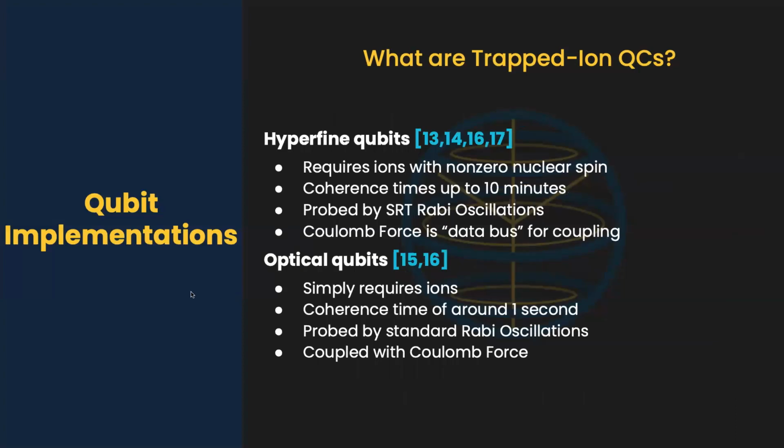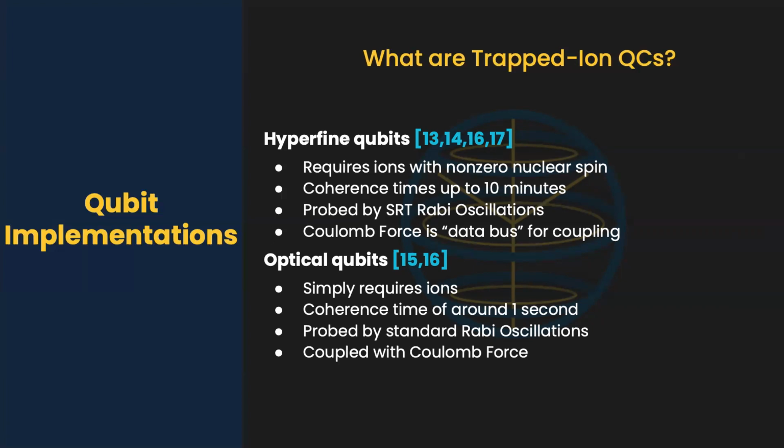Okay, so hyperfine qubits, you have to have ions with non-zero nuclear spin, because obviously that's how you get the hyperfine energies anyways. The benefit of them is you get coherence times up to like 10 minutes, which is huge. I mean, especially when we think about the superconducting qubits from just a couple minutes ago, the highest we got there was like 1 millisecond.